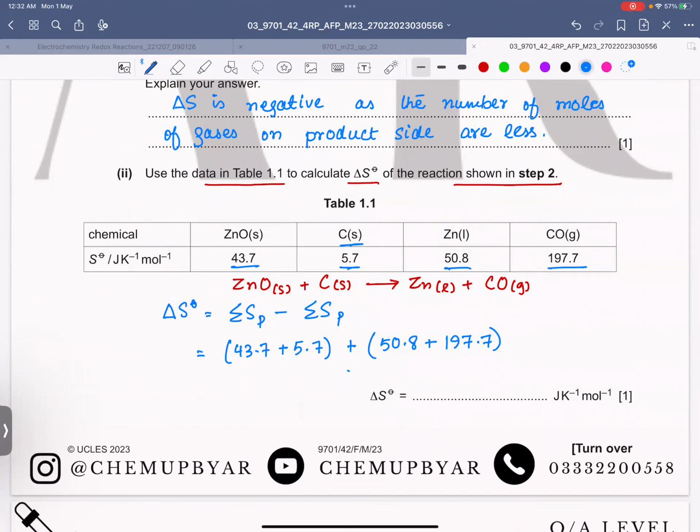Sir, 199.1. The product minus reactant, and it's positive, right? Yes, sir. So positive 199.1. Okay.